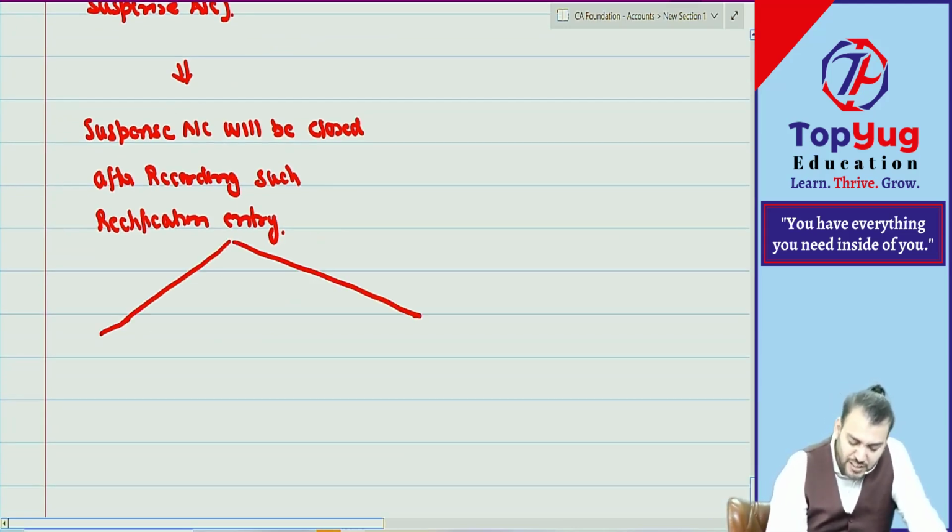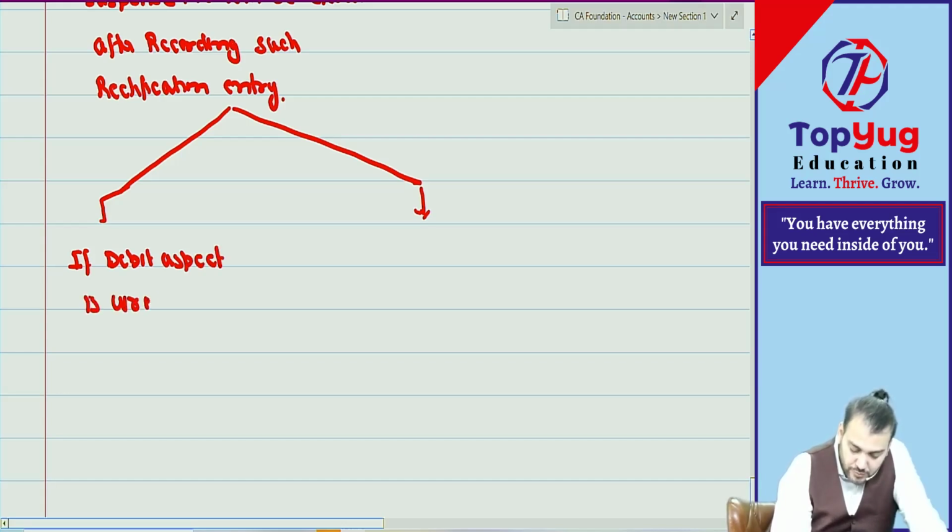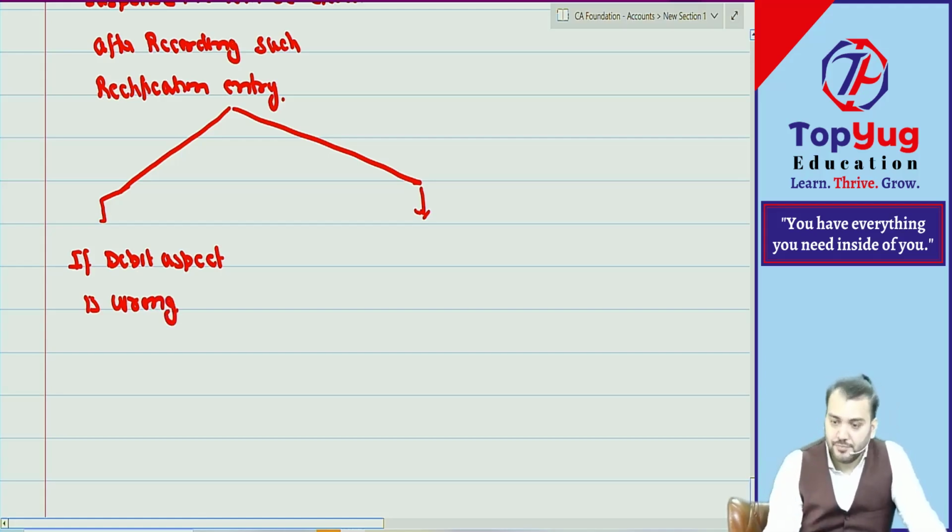Can you see, in one-sided, either the debit is wrong or the credit is wrong? Correct. Now if the debit aspect is wrong, means some account should have been debited, so what journal entry will you do? The respective account will be debited.